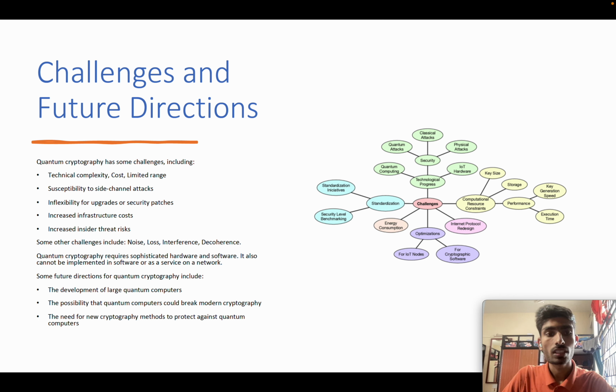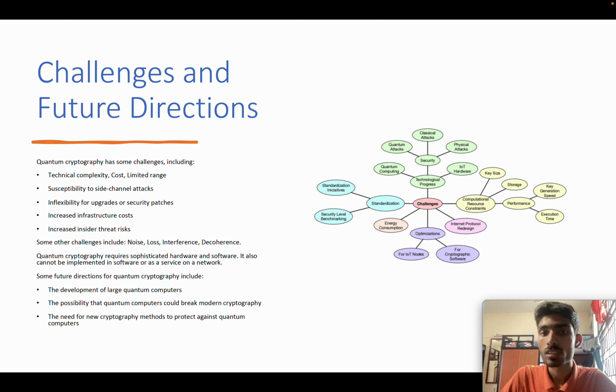As you can also see in the right side diagram, further challenges include standardization, which includes standardization initiatives and security level benchmarking. For security on the quantum level, we have to take care of all these parts: energy consumption and optimization for IoT nodes and for cryptographic software, and internet protocol redesign for the quantum space.